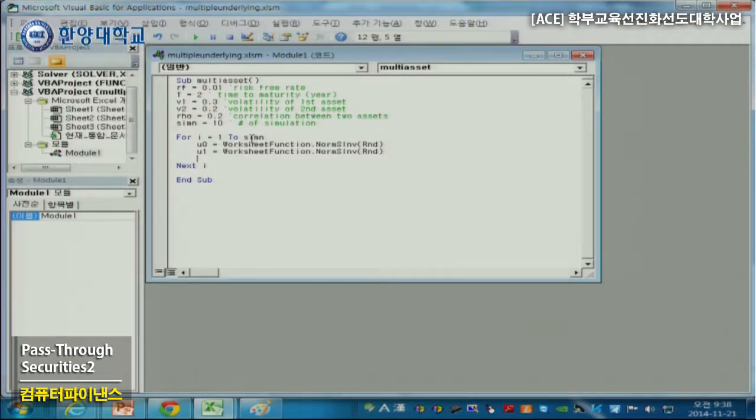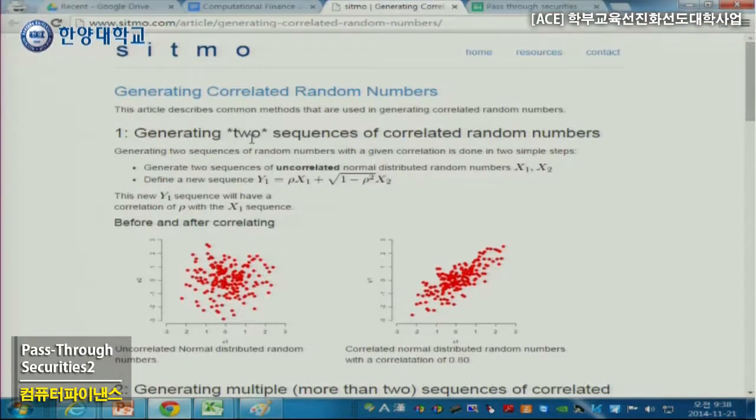And if you go back to this one, okay. This is a way to generate two random variables. Generate two sequences of uncorrelated normal distribution x1, x2. That's what we did. And define a new sequence y1, something like this. Then x1 and y1 has just like this one, right?